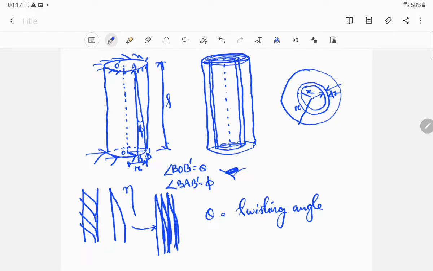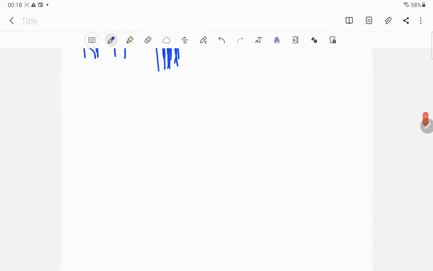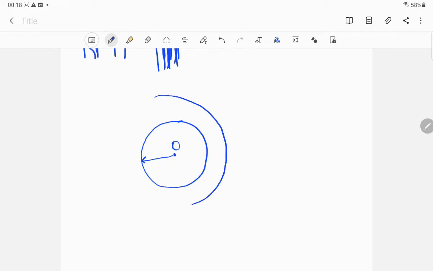Now since this twist is applied to all the sections of this cylinder, it will be applied to this section of thickness dx also. So I am going to draw here what the real picture looks like. Initially there was a center, called O, and a circle of radius r, and this is of radius x.